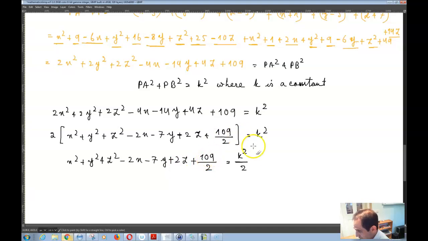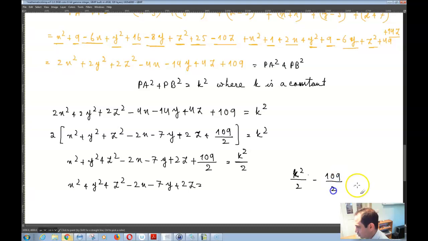And so if I take this to the other side of the equation, I will get x squared plus y squared plus z squared minus 2x minus 7y plus 2z is equal to K squared by 2 minus 109 by 2, which is the same thing as K squared minus 109 divided by 2.